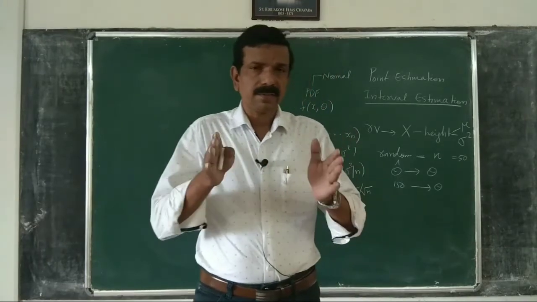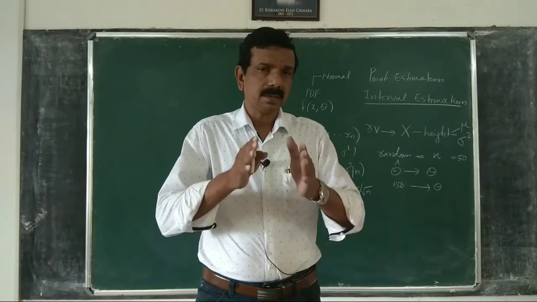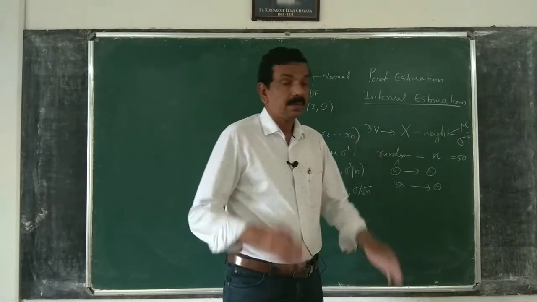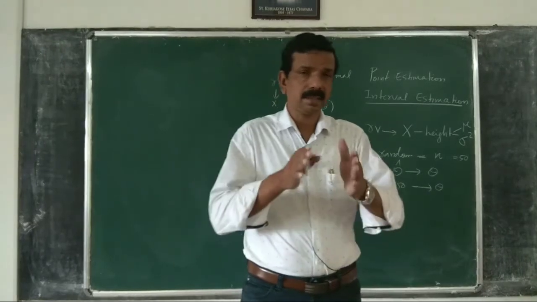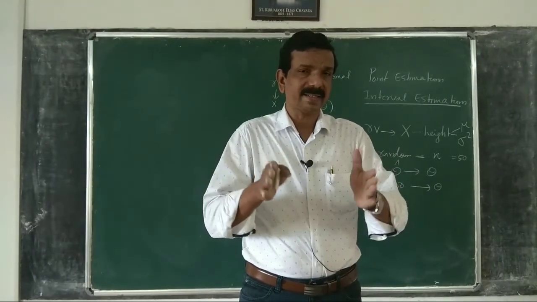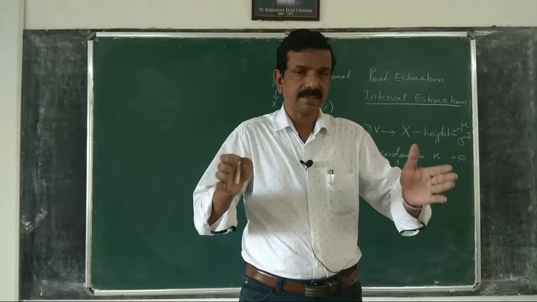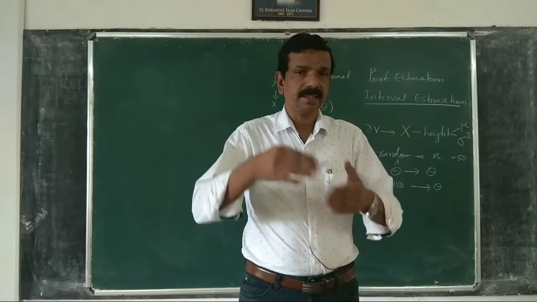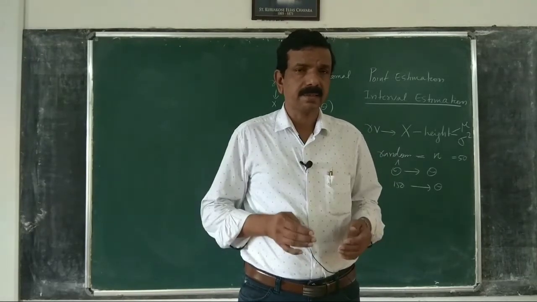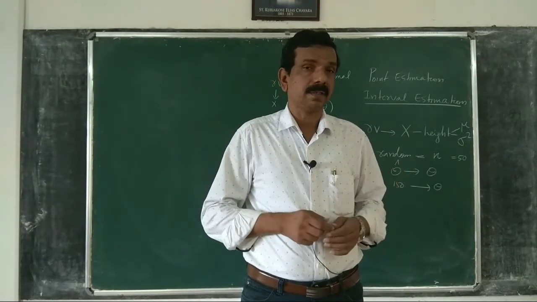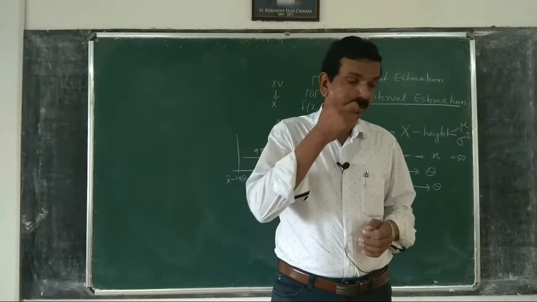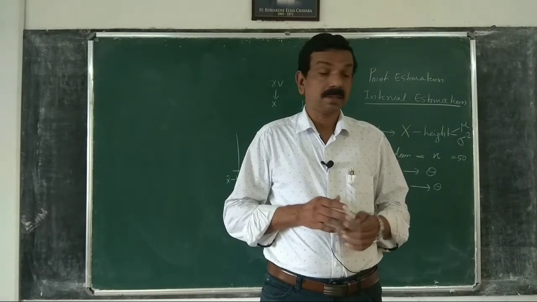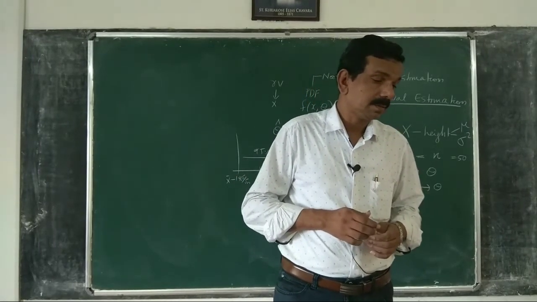So in interval estimation, instead of suggesting a single value for the parameter, we suggest an interval by taking 2 or 3 standard errors of the estimator on either side of the estimator and say that the probability is 95% or 99% that the parameter will lie in this interval.